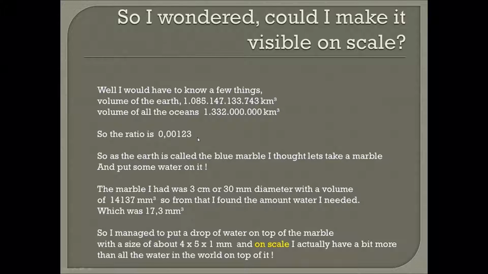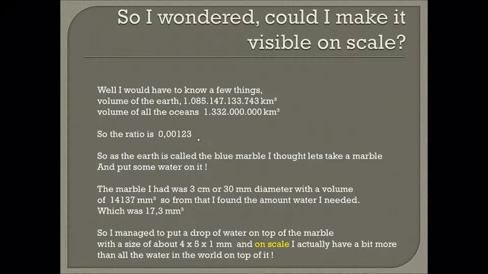So I thought, well, we call the Earth the blue marble, so why don't I take a marble and put some water on it? Now I found a marble. It has a nice exact diameter of 3 centimeters, and anyone who played with marbles as a child knows they have certain standard sizes, and the 3 centimeters is the big one, let's say.